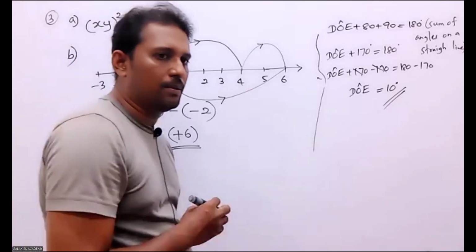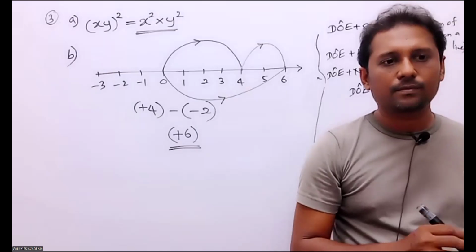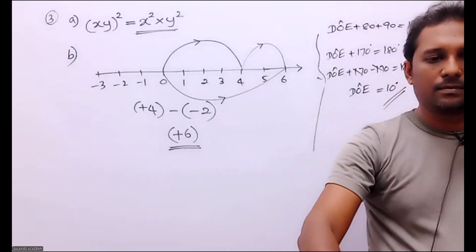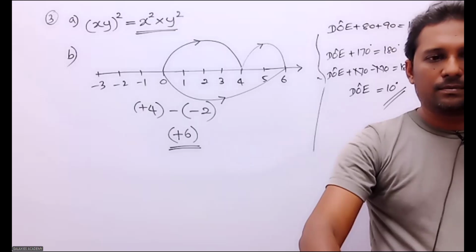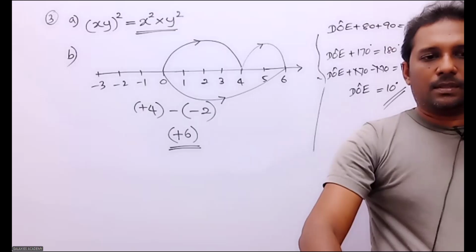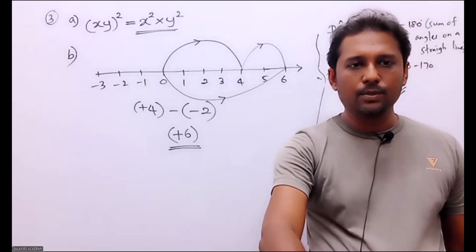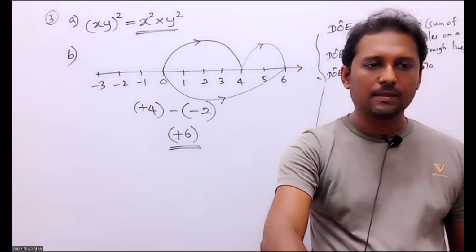Right? +6. It is the method of getting the answer using a number line for the subtraction of directed numbers.